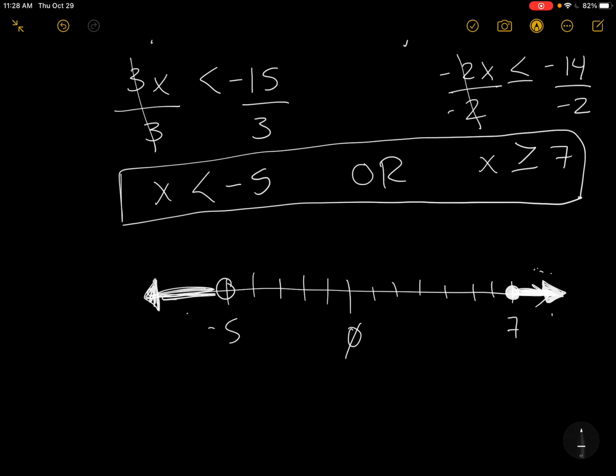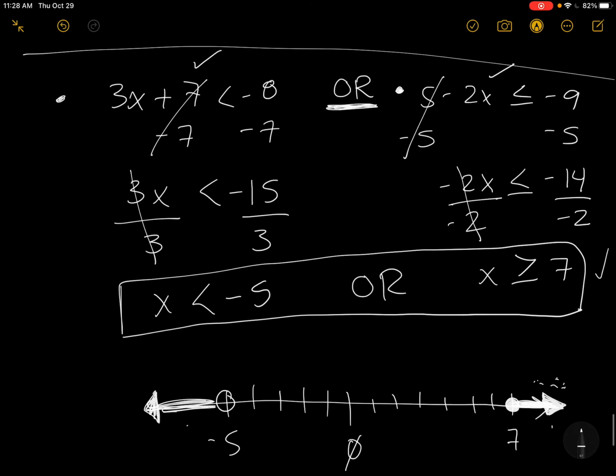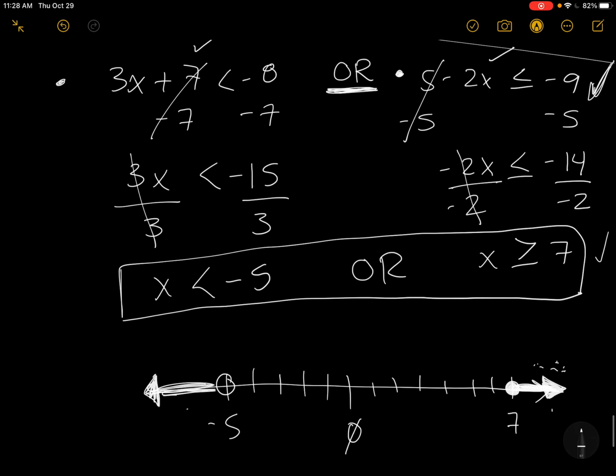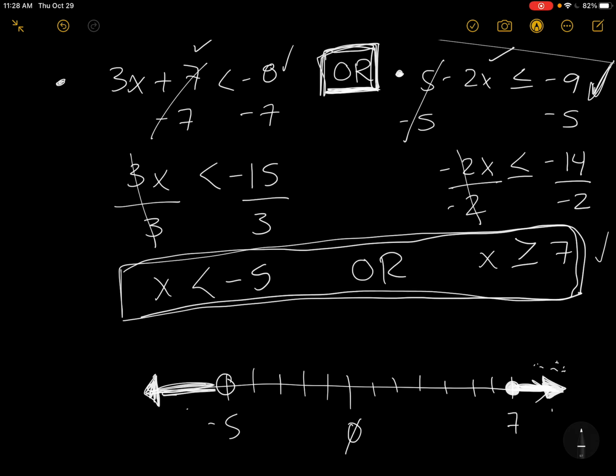And if you pick a number here, it'll only work for this inequality, right? And it won't work for the other, but that's okay because this is an or problem. It doesn't have to fulfill both at the same time. It has to just fulfill either this one or this one. Okay. And so, yeah, your answer would be this.